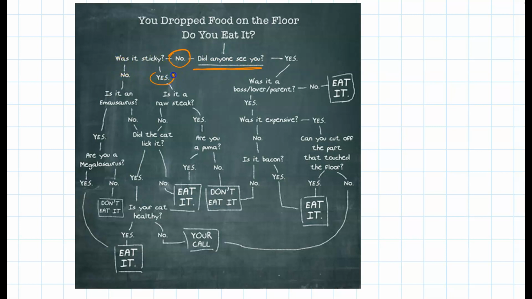Ooh, yes, it was. Was it a raw steak? No. Did the cat lick it? No. And this flowchart says we should eat it. If the cat did lick it, yes, and your cat is healthy, then I guess you should still eat the thing you dropped on the floor.